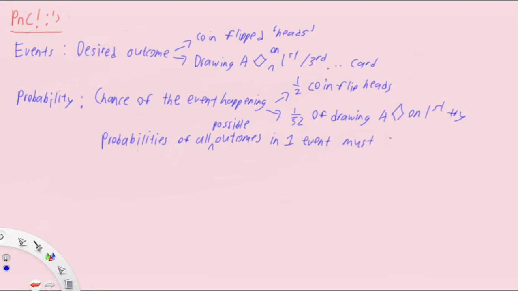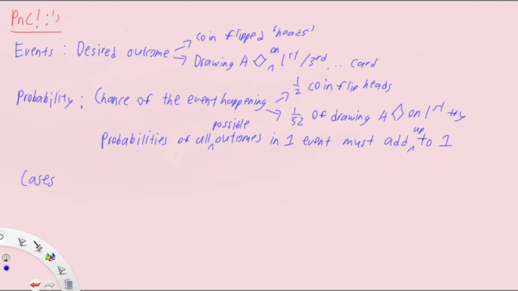Because if you think about it, if there is any additional probability, then what's the additional probability for? So let's say we have a fair coin flipping hits, or coin flipping tails, both probabilities must add up to 1, right? Because it should happen somehow. So let's say half to flip hits, half to flip tails, it's half plus half is still 1. All right, so this idea is very important.